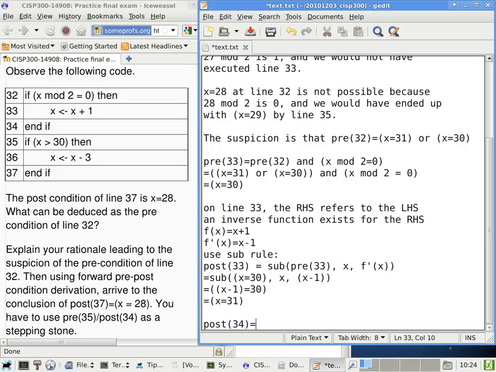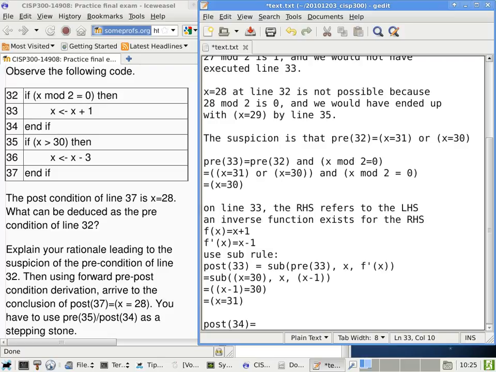Now, what is post 34? There are two ways to get to post 34, because once again, we have a lopsided conditional branch, like this. We have just figured out what is post 33. And how do I express the other side? This side is basically the same as pre-32, and it is not the case that this condition is satisfied, because otherwise we would not have gone for that branch.